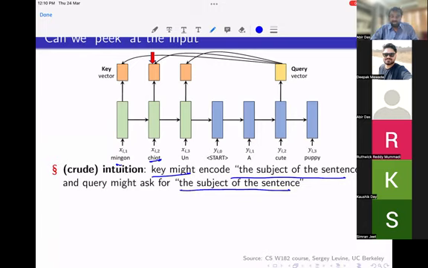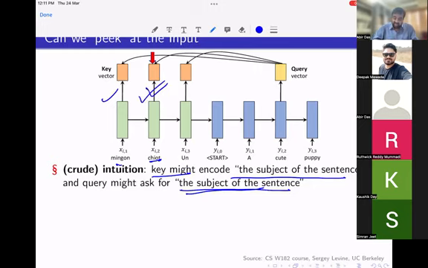Or maybe the key is telling what the subject is doing, the activity or the verb corresponding to the subject, and the query is looking for that activity. And so on. Or maybe the query is looking for what follows the article, and the key may be encoding that at a certain time step.